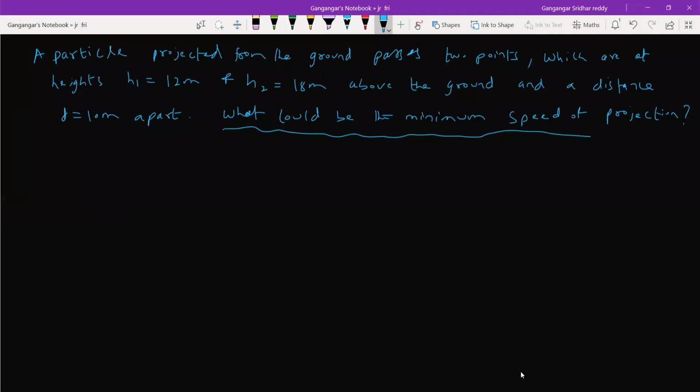What is the distance? The distance is 10 meter apart. The distance between the points through which the projectile will pass, that particular distance is given.